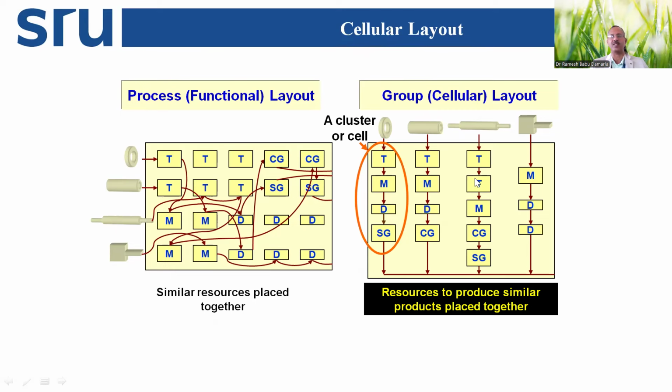However, on the right diagram, you can see this itself is a cell in a sequence. Another cell in a sequence. So this is called cellular layout. Based on the all T's are on the first one. M's here. So based on the requirement, you can use this layout based on the volume and kind of products.